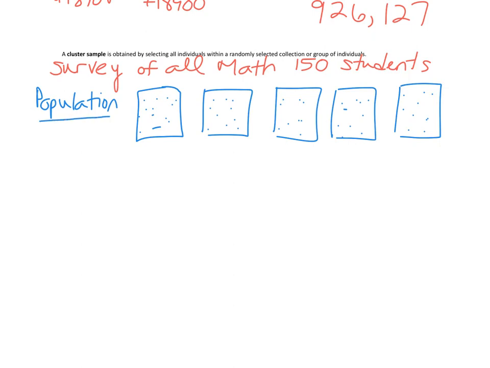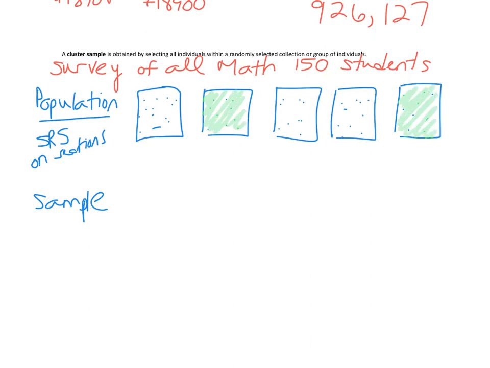And we would do a simple random sample. Let's say these are 5 sections. So simple random sample on the sections, and then that would give us our sample. And maybe with our simple random sample, we just wanted 2 classrooms. Let's say we got 2 and 5.